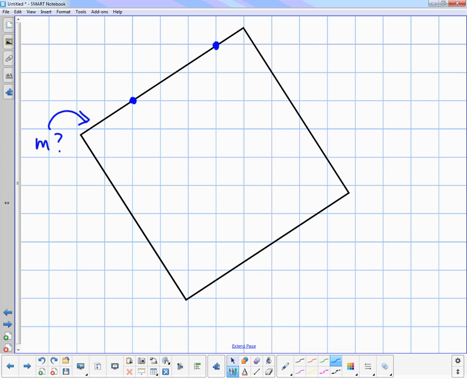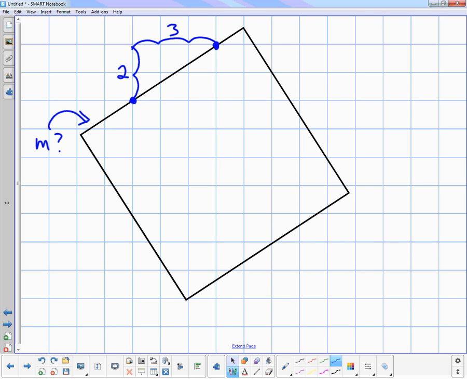What's the slope between those two points? How far up? Up 2 over 3, right? And it's positive, right? Okay.